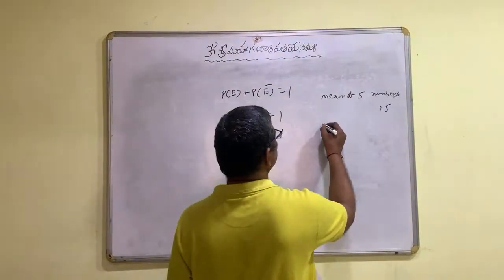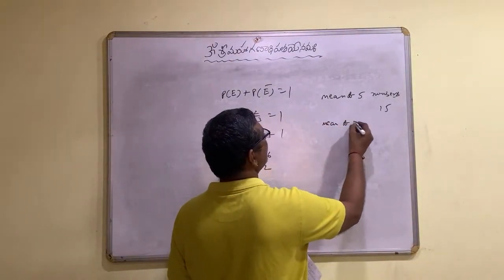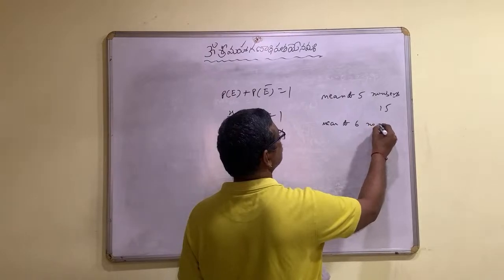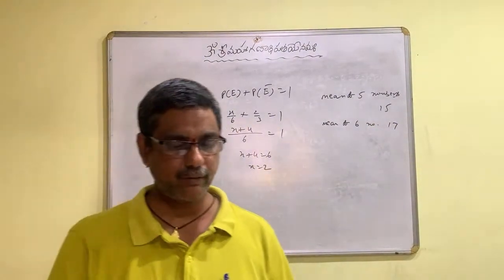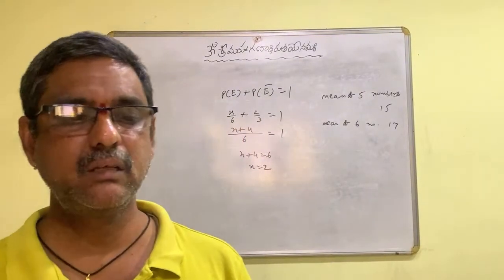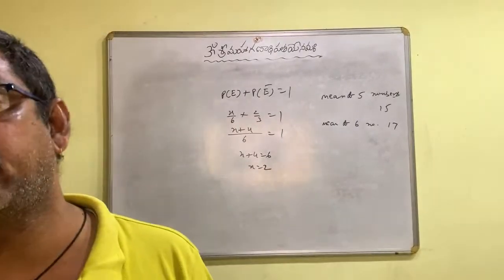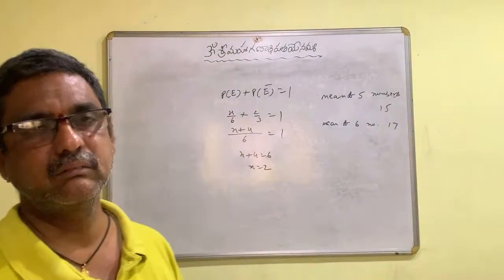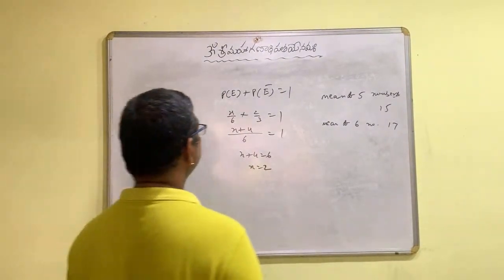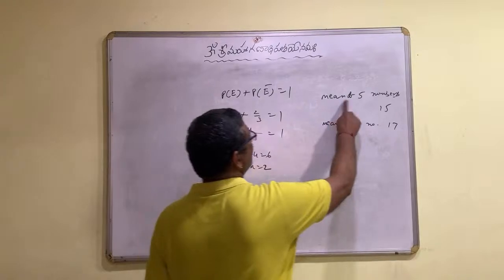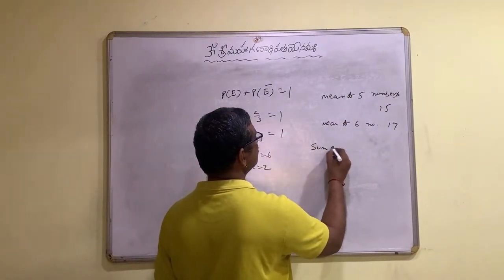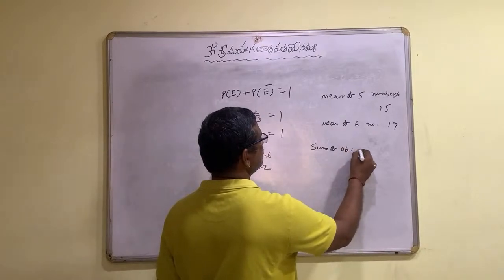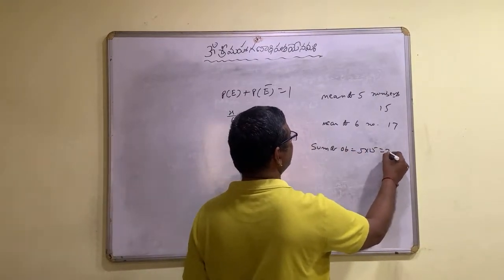So that means the mean of 6 numbers is 17, and he is asking us to find the 6th number, the number which was included recently. Mean of 5 numbers is 15, that means the sum of observations is 5 into 15, 75.